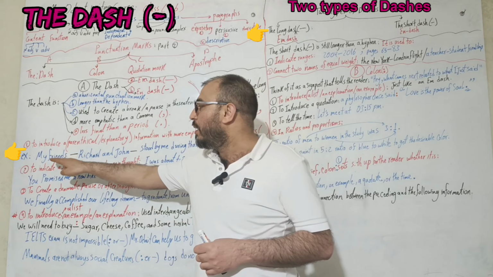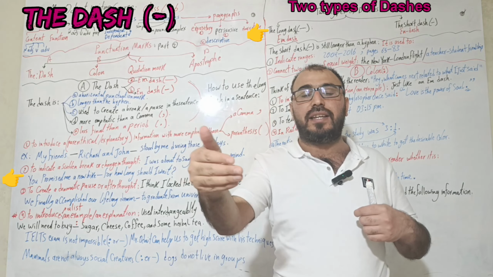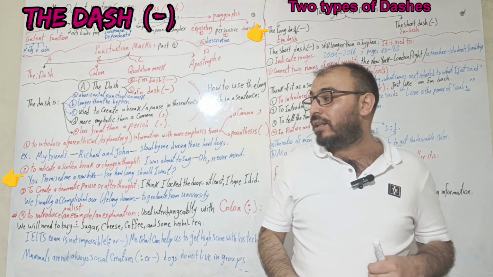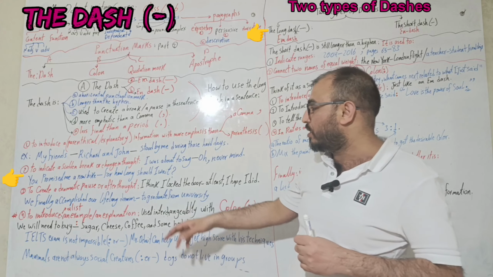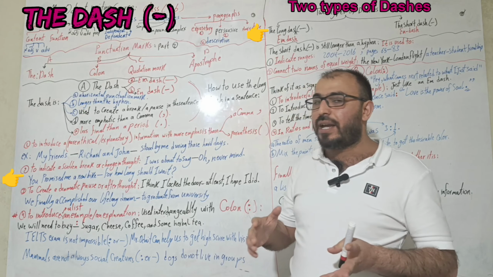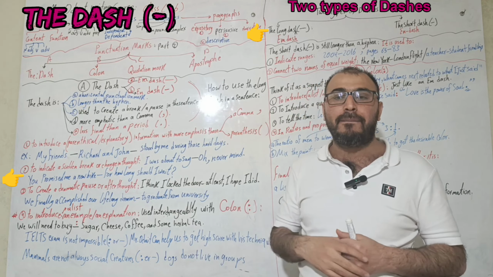Here, for example, we have two people. The first one wants to tell the other one something, and then in the last second, the speaker decides not to tell what he or she wanted to say. Say, for example, I was about to say—oh, never mind.